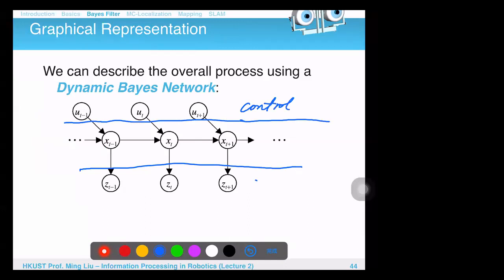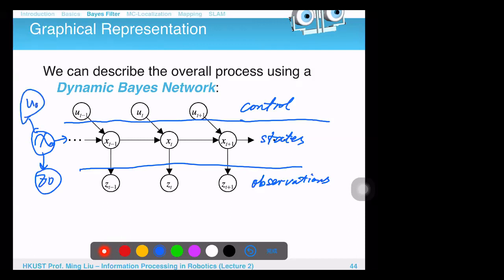This is the observations. That's the state. A long time, right? But everything started with x0, and you have z0, you have u0.